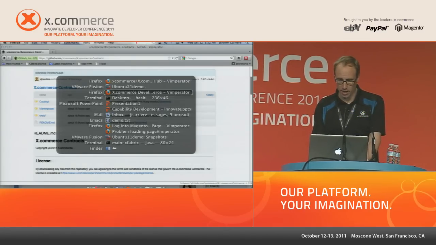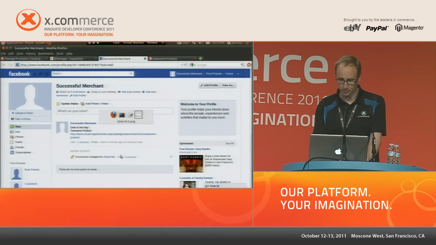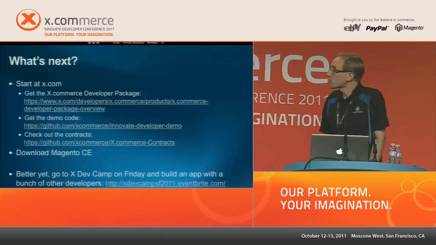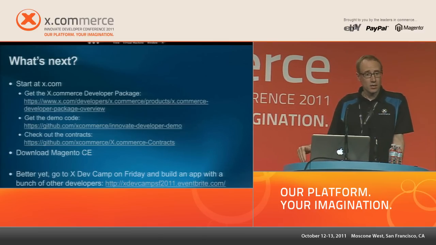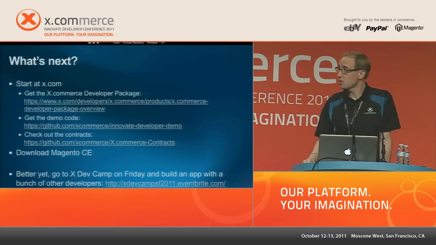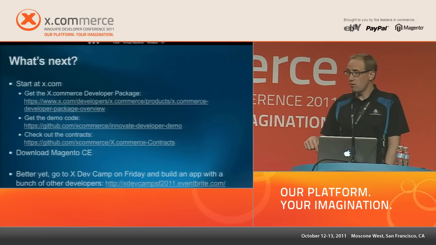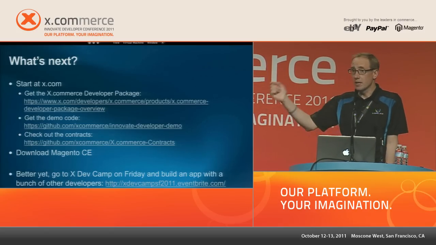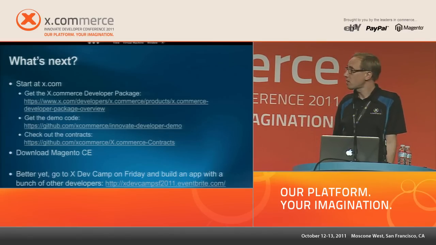And where do you go now? Well, let's go back to a couple more pictures. So here's the story, right? You get the developer package I talked about, which makes a lot of the stuff I already showed you a lot easier. You get the demo code for what I just showed from that repo, and the contracts from that repo. You can download Magento and do work on that side as well.